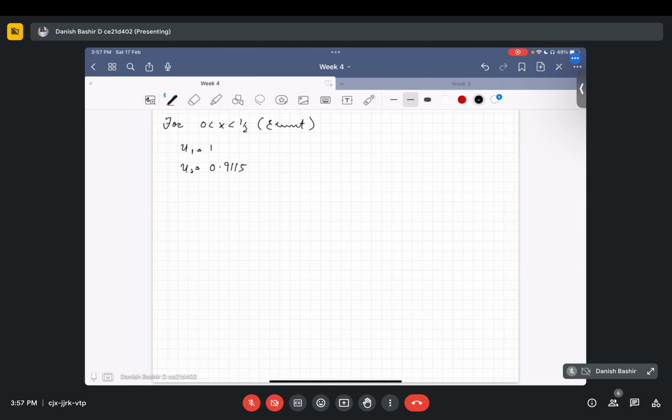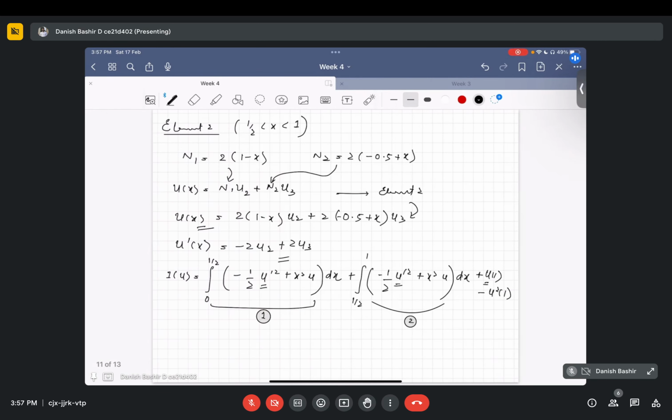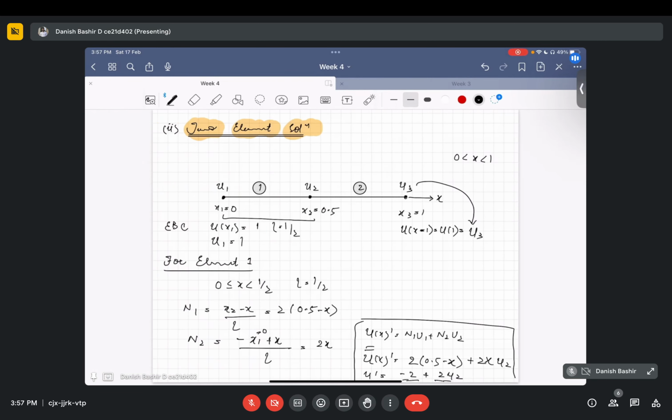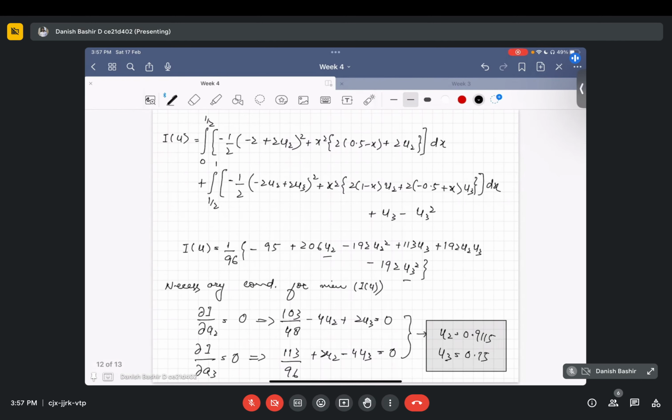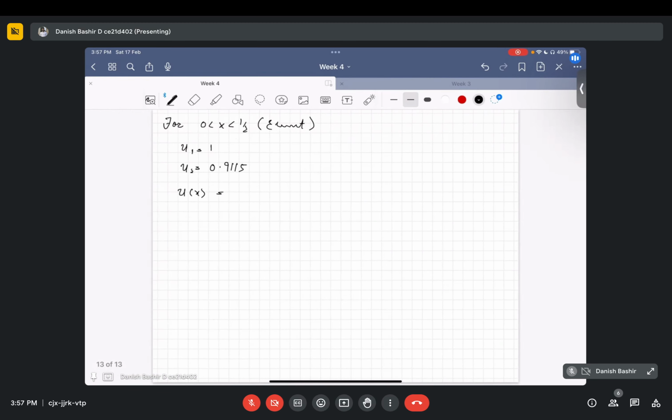Then we can write u of x in element 1, which we calculated earlier, to be equal to 2(0.5 minus x) u1 plus 2x u2. If we put the u1 and u2 values in that, I will get u of x for element 1 to be equal to 1 minus 0.177x.